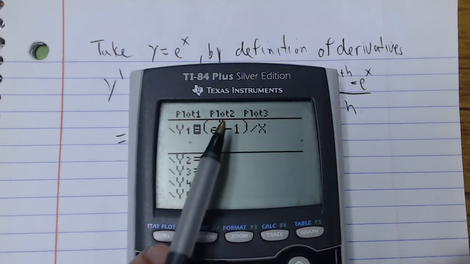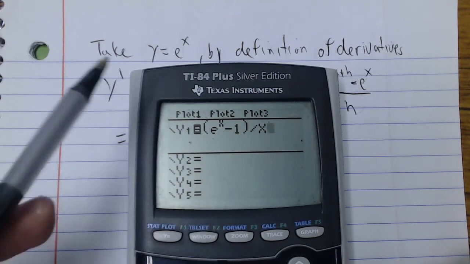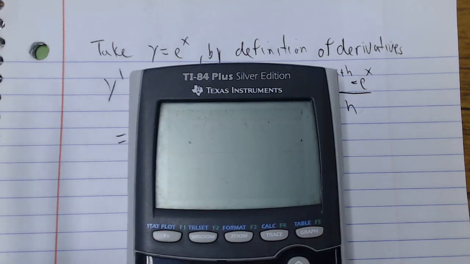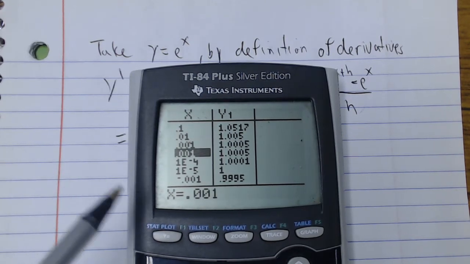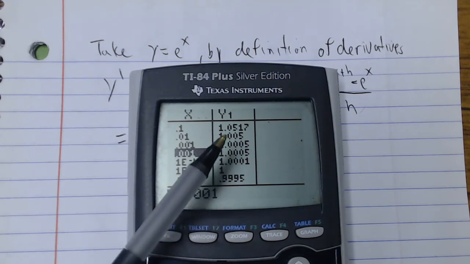I'm going to get x closer and closer to 0. If I plug in 0.1, I get 1.0517. What if I do 0.01, 0.001? As I'm getting closer to 0 from the right side, this is getting closer to 1.